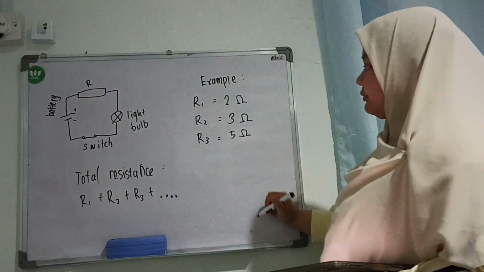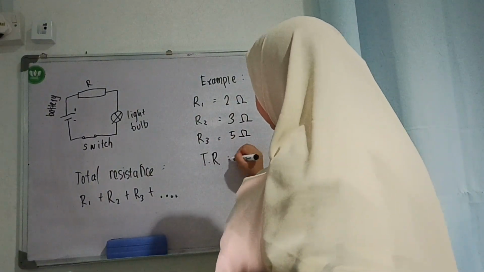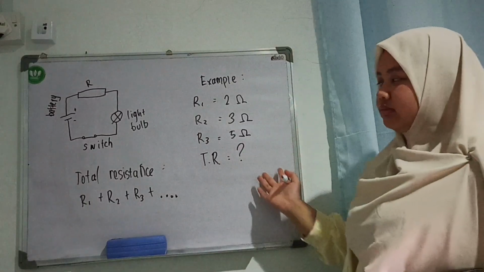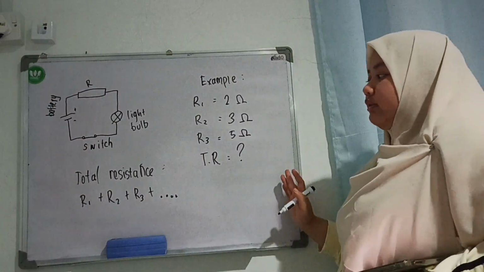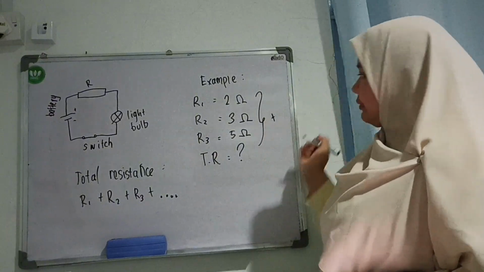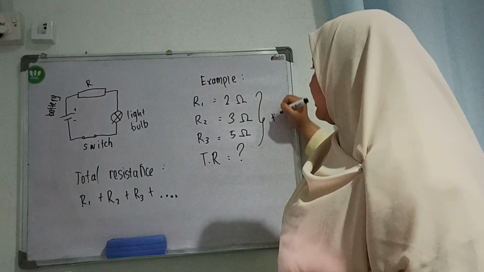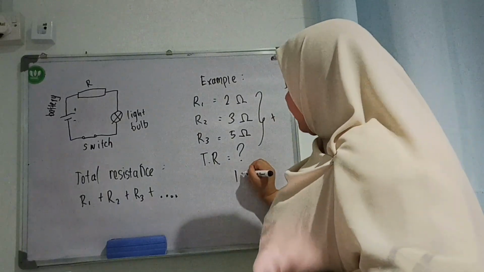Find the total. Following the formula, we just add all of them. So, the total resistance will be 2 plus 3 plus 5, which is 10 ohm.